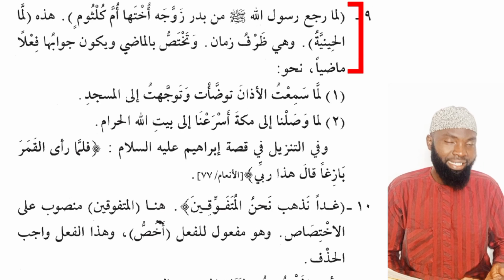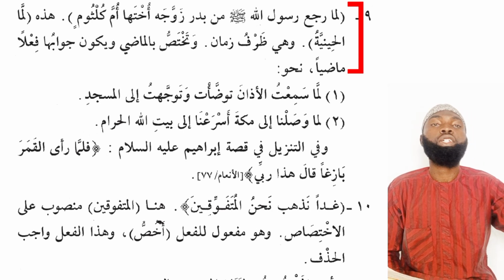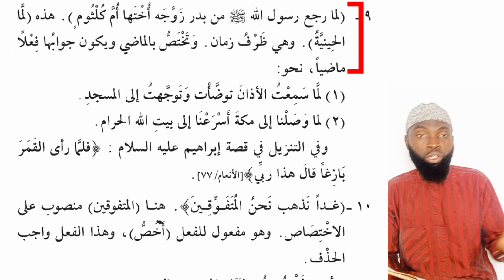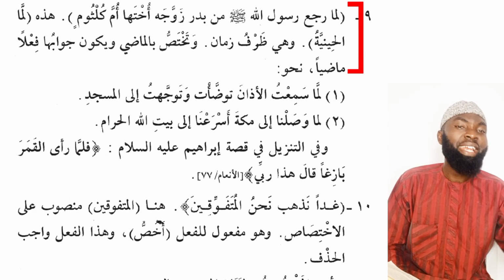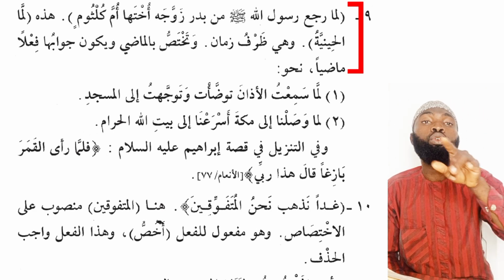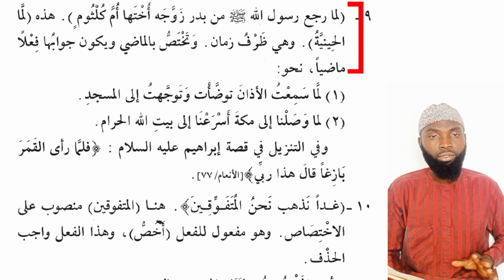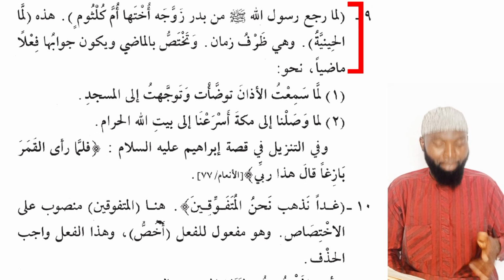So you can see the sentence here, لما رجع رسول الله صلى الله عليه وسلم, when the Prophet returned, what happened after he married Kulthum to Uthman? He got them married. So this lamma here is the lamma al-hiniyya.